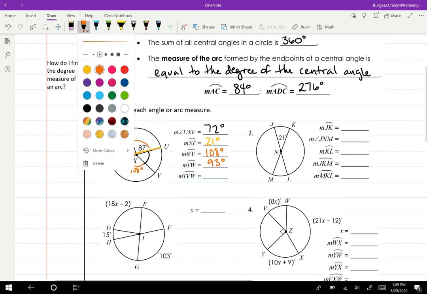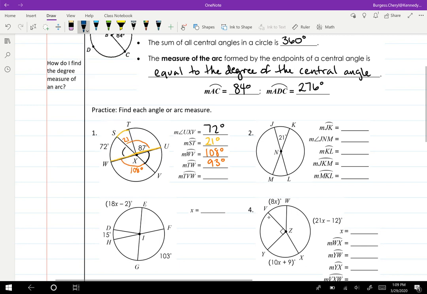So we are going around clockwise, it looks like, from T through V to W. So 87 plus 72 plus 108 is 267 degrees.